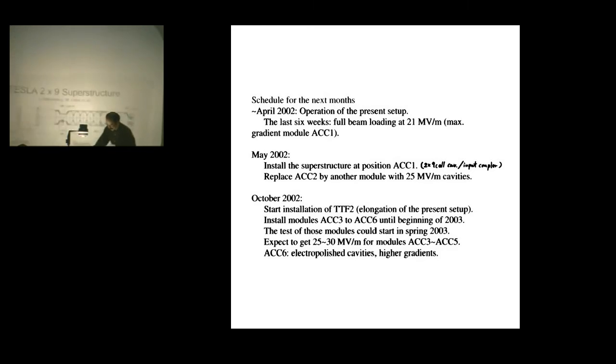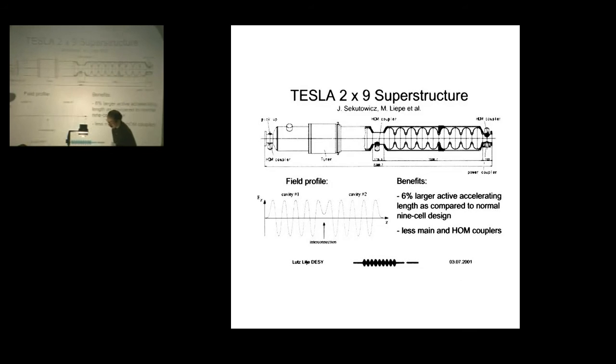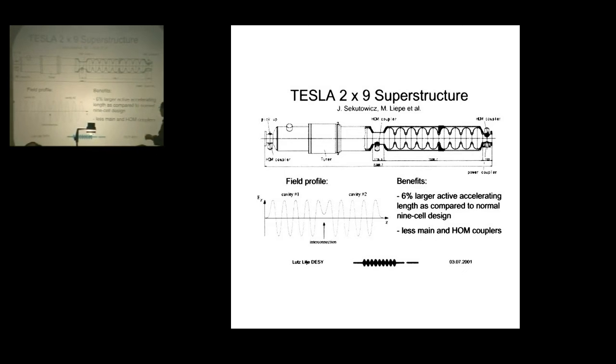Superstructure means, superstructure looks like this. Usually, a normal structure has an input coupler for each 9-cell cavity, a single 9-cell cavity. But the superstructure consists of 2 9-cell cavities and only 1 input coupler is here.